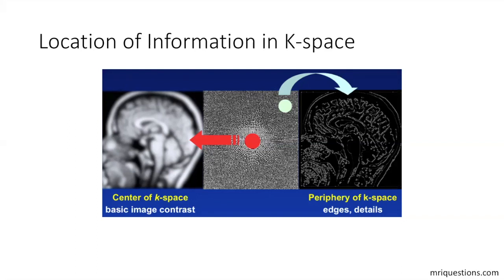And then conversely, if you were just to Fourier transform what's in the green circle in the top right, you get all the high spatial frequency information, which is related to basically the edges and all the details within our final image. So again, it's just important to remember how K-space is allocated as we're going through some of these artifacts.